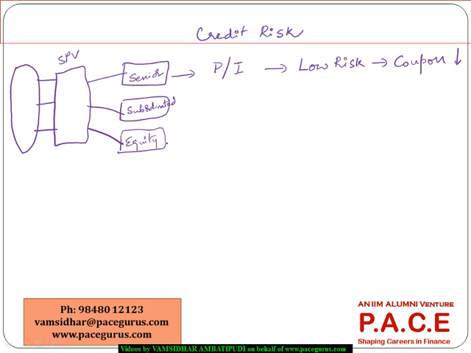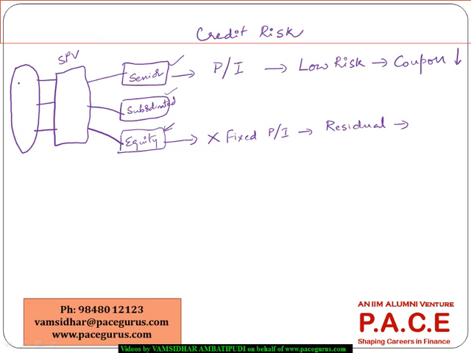Whereas when we talk about this group, they do not receive any fixed principal or interest. They only receive the residual after the payment to this group of investors is done. After the payment to this group is done, whatever is left will come to this group.